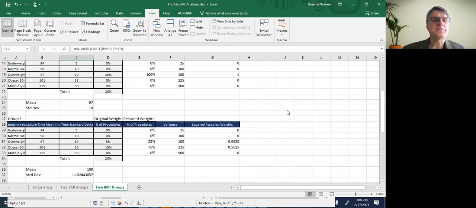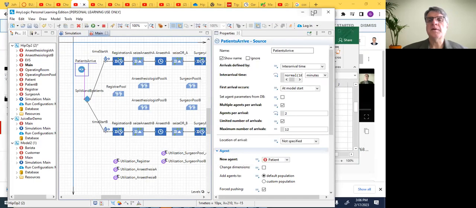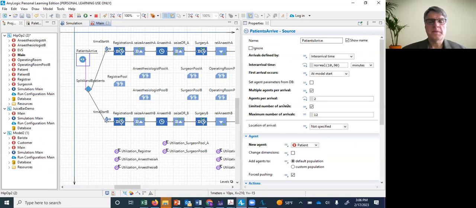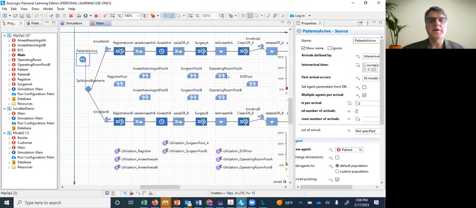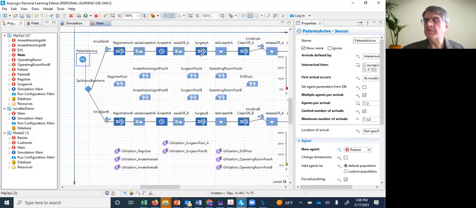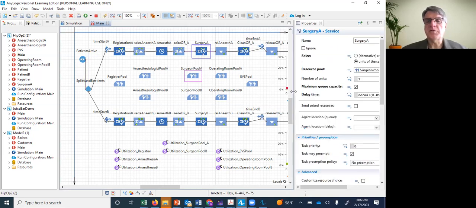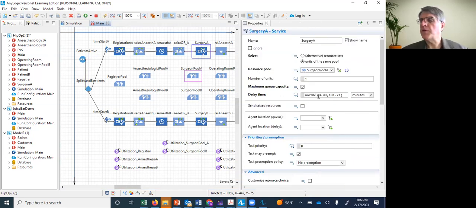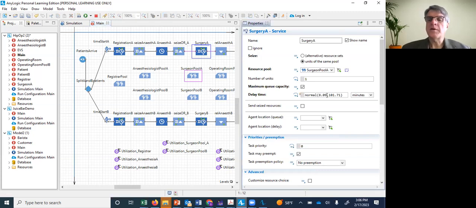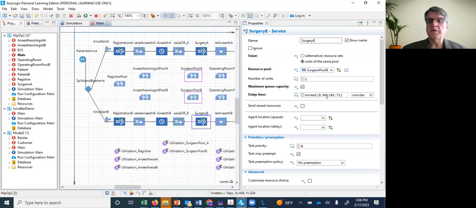Okay, so let me just pull this back up. What I want to do there is I'm going to run the 97.55 for both surgeries with a standard deviation of 7.44. Okay, it's not a big reduction in the standard deviation, I should note.